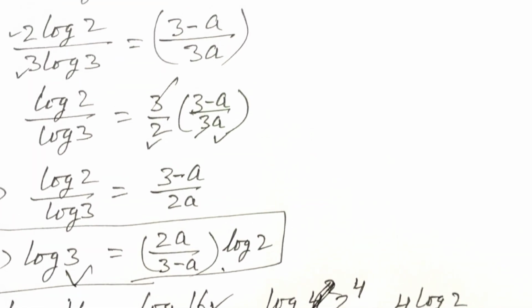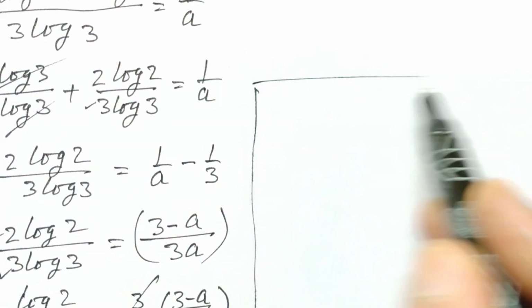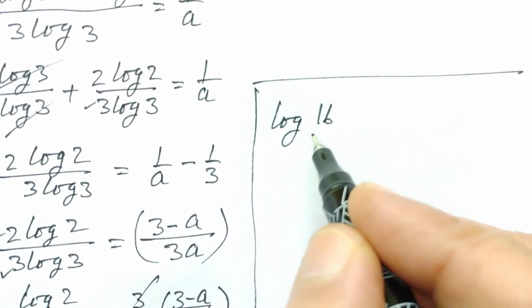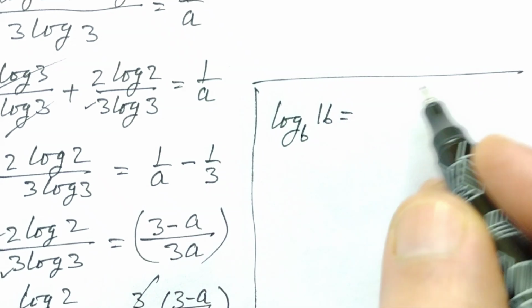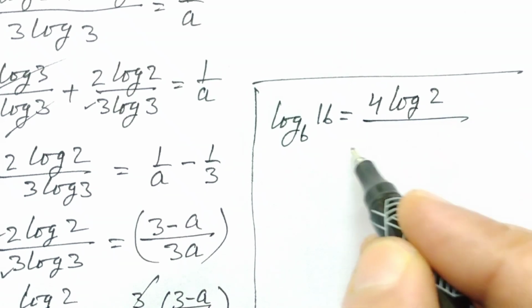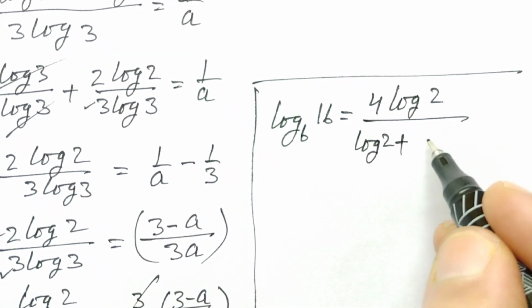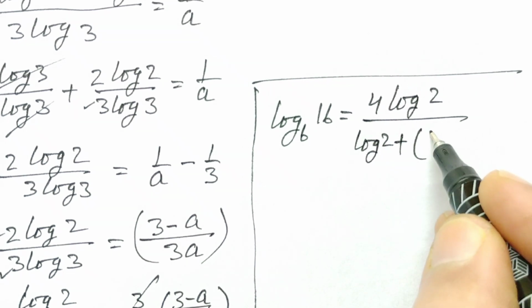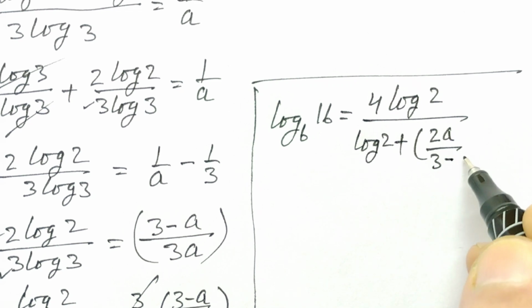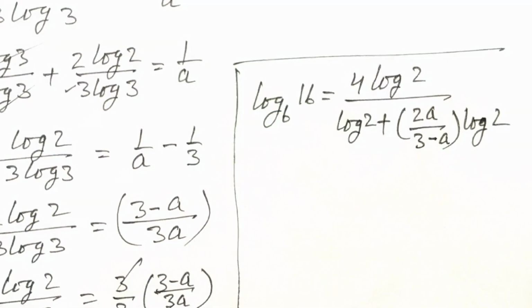So log of 16 to the base 6 is equal to 4 log of 2 over log of 2 plus log 3, which is 2a over 3 minus a log of 2, right?